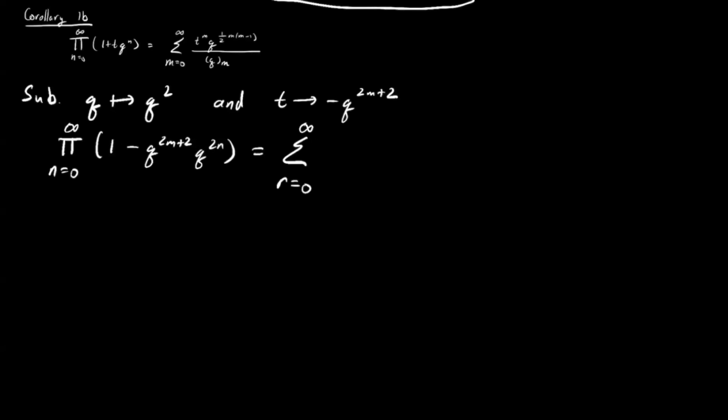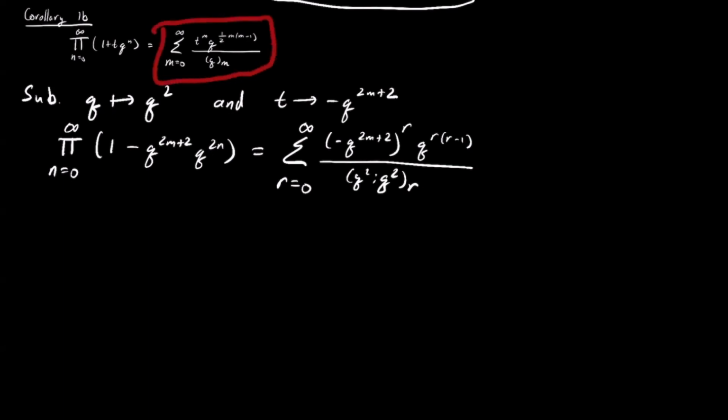And what does this become? This becomes minus q to the 2m plus 2 to the r, q to the r times r minus 1, so r squared minus r. And then at the bottom, we get q squared sub r. And again, the sum is initially written in terms of m. So instead of using this m up here, we've used r as our index of summation.